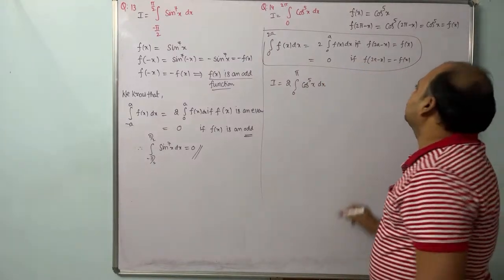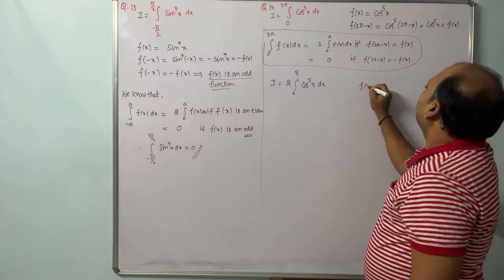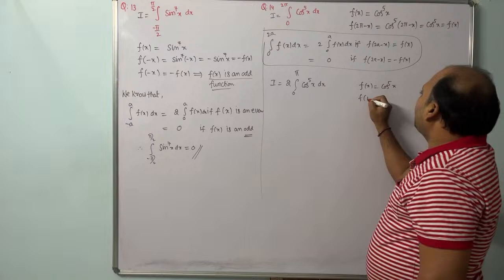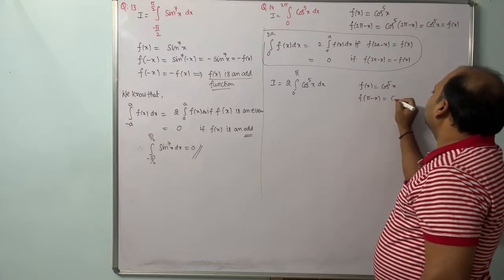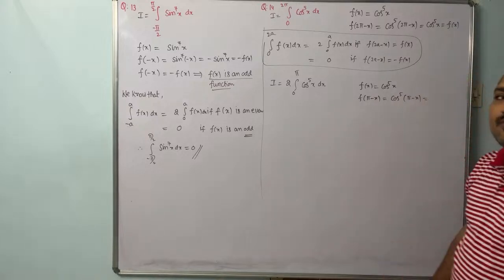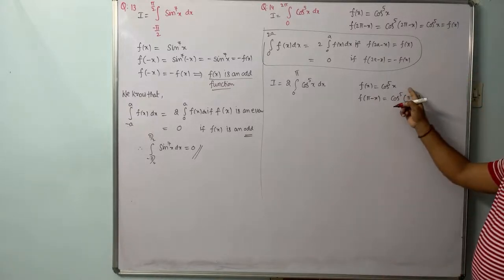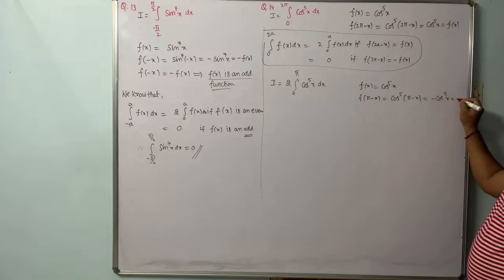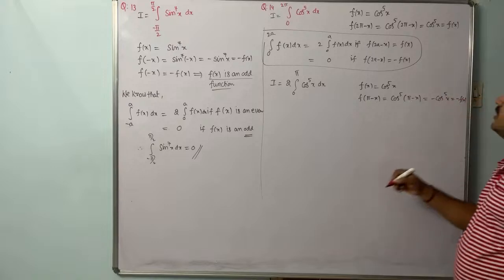Again we need to check, dear students. f of x is equal to cos power 5x. f of pi minus x we need to do that. So cos power 5 of pi minus x. Cos of pi minus theta is minus cos theta, odd power here, minus cos power 5x will come. Minus f of x. Okay.